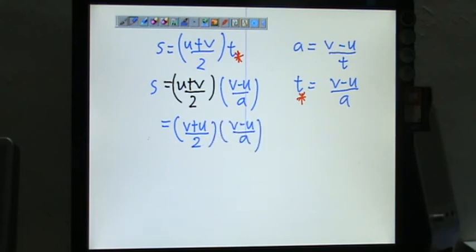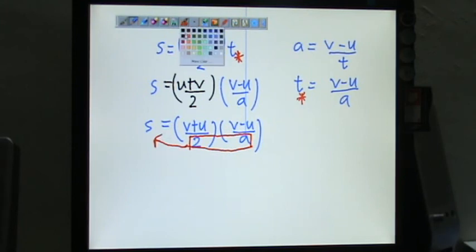This one looks very familiar to what you have learned before, but I want to highlight this part. This one and this one can be multiplied. Not only can be multiplied, it can be brought up. So what we have here is 2as. But you also have this part, v plus u bracket times v minus u bracket.